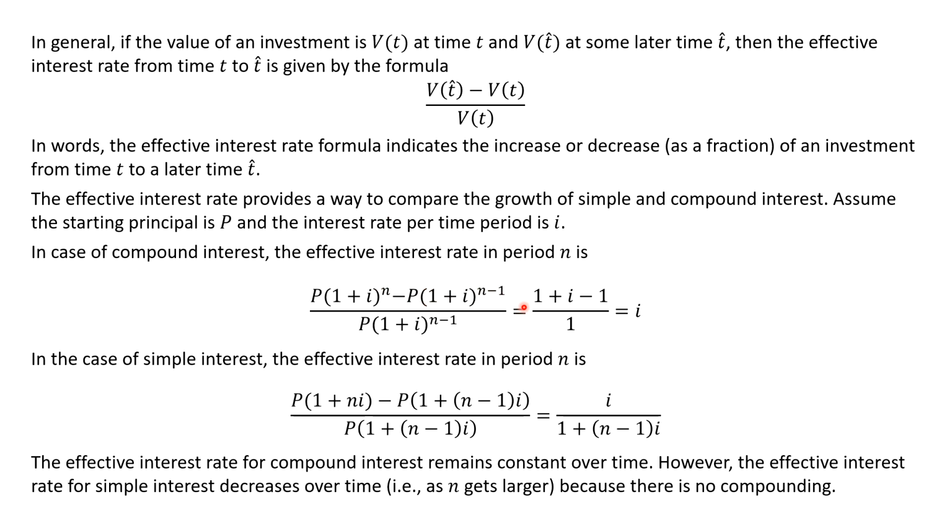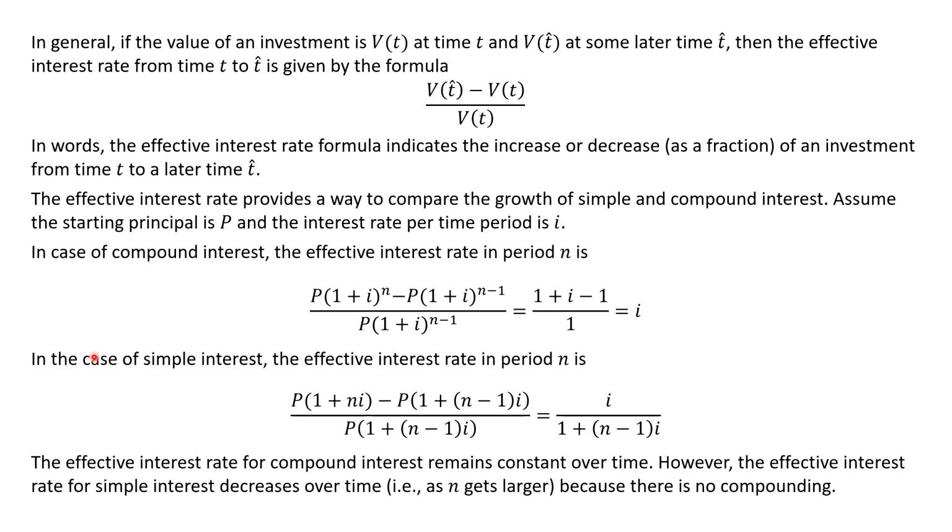So this is how much money you would have made on your principal at the end of interval n minus 1, and then this is how much you would have made by the next interval, and then you divide by the starting amount here, and the P's cancel out. The (1 plus I) to the n minus 1 cancels with this as 1, and when you divide it into here, you just get 1 plus I. So you have this here, and you subtract the 1 and divide by 1, and just get the interest rate.